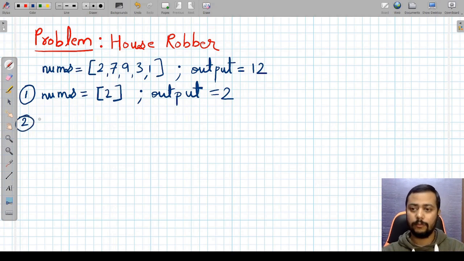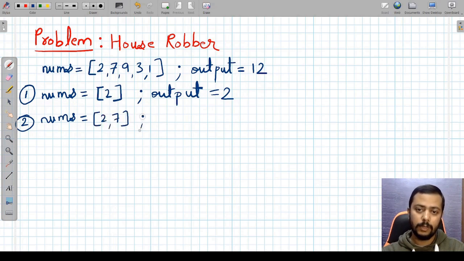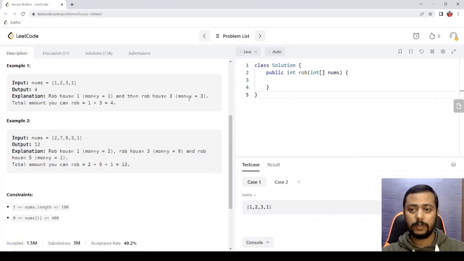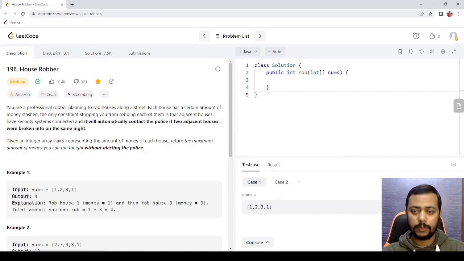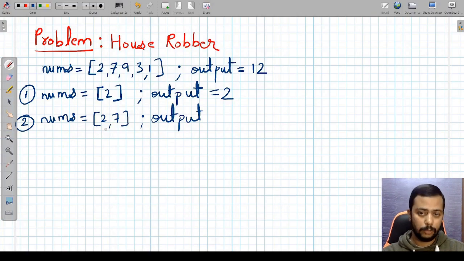Then let's say we increase it by one step. Now we have two houses, 2 and 7. Now I ask you what should be the output. So now, as per the given condition, this condition basically forbids us from choosing any two successive or adjacent houses. So if we have two houses with values 2 and 7, if I pick the house with value 2, then I cannot pick the house with value 7, and vice versa.